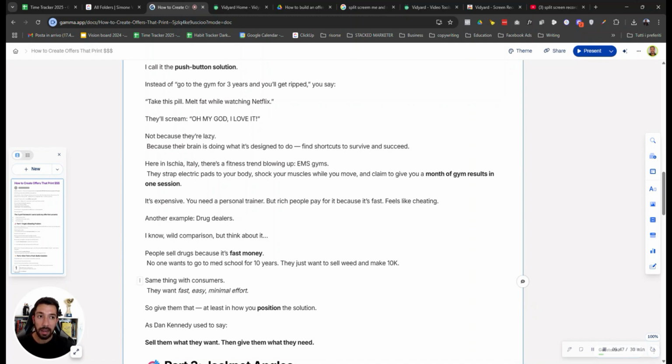And the thing is, these EMS gyms are popular because people don't want to work out a lot. They don't have time. What's interesting is that they target rich buyers, because these gyms are very expensive. One, for the machinery, and second, because when you train with these electric pads, you need a personal trainer.